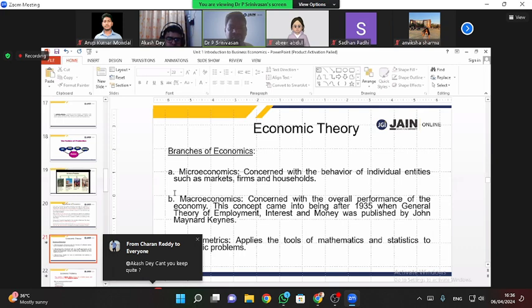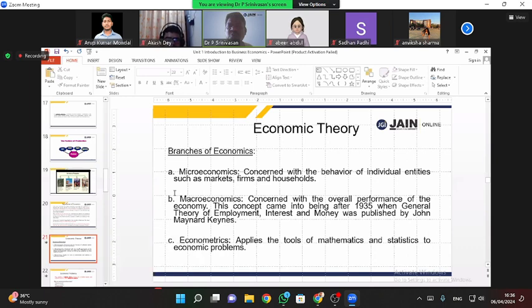Now, there are three branches, of course, two branches. Forget the last one. One is micro, one is macro. So, what do you mean by microeconomics? Micro means a small, tiny part.